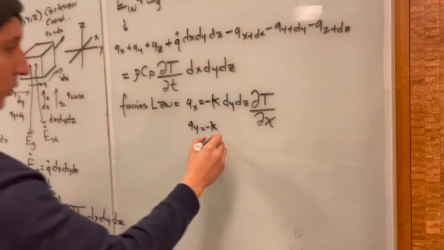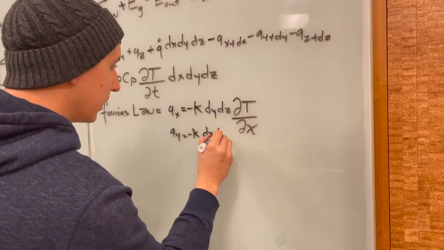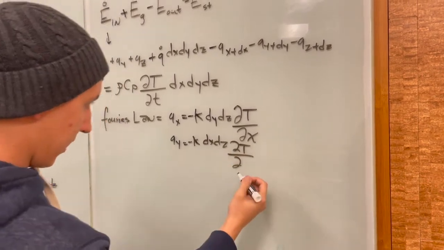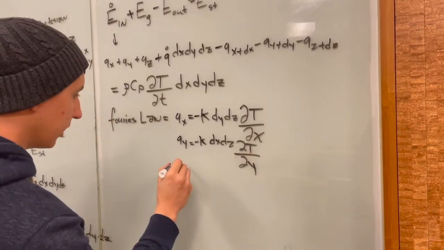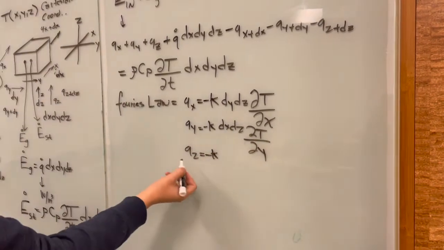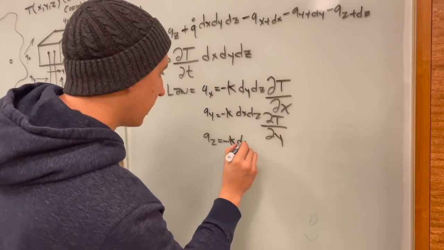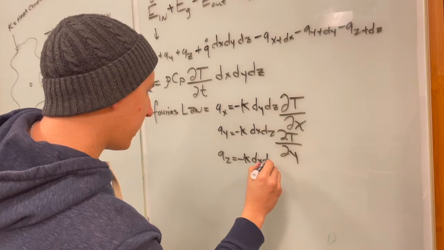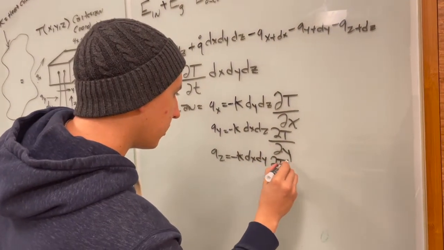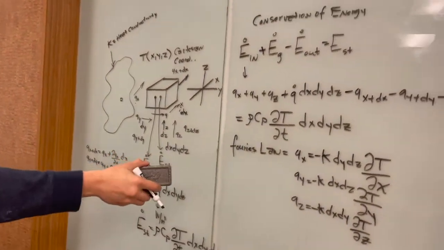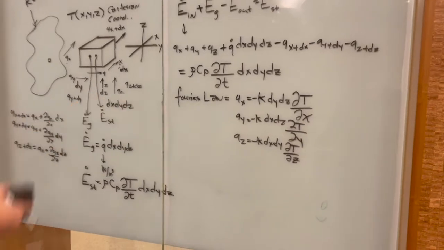If it's y, then this would be dx dz, and then it would be in the y direction here, and in here you would have this again, but since it's the z direction, you would just do x and y, and just keep those two the same. So we have everything we need so far.